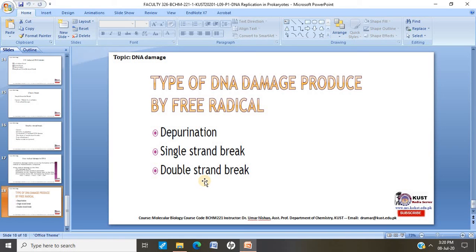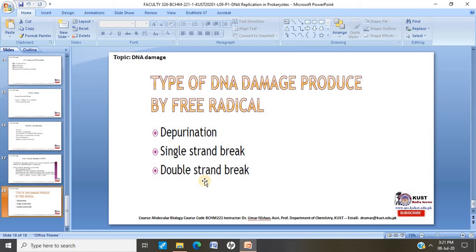As I said in the introduction of this lecture, DNA is the software of life. It is very important for transmitting the information stored in it. So if there is any damage to DNA that has not been repaired by the DNA repair mechanisms, it will have severe ramifications.